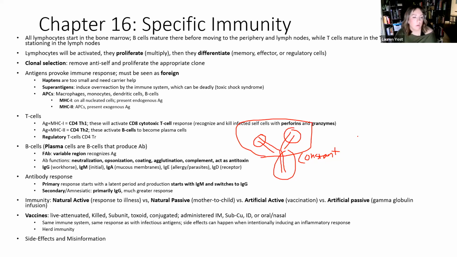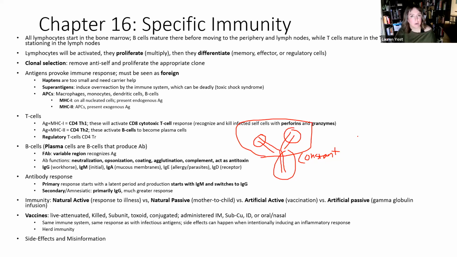All right, antibody, what it does: it will neutralize, opsonize, coat, agglutinate, activate complement, and act as antitoxin.